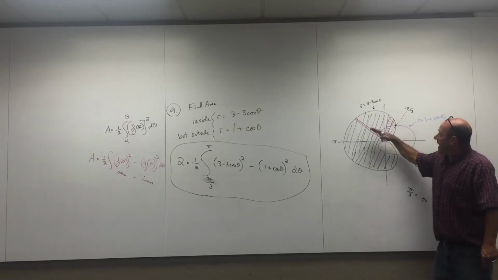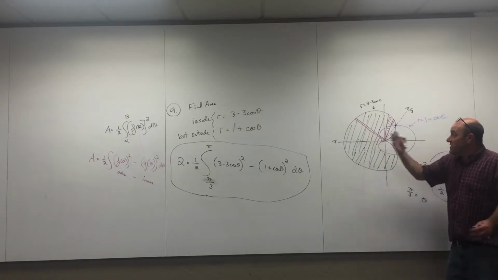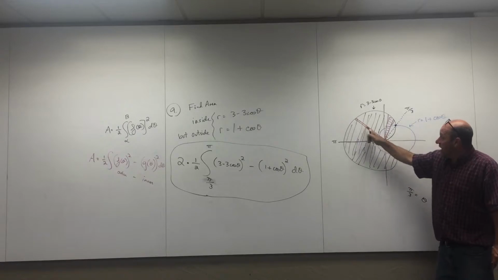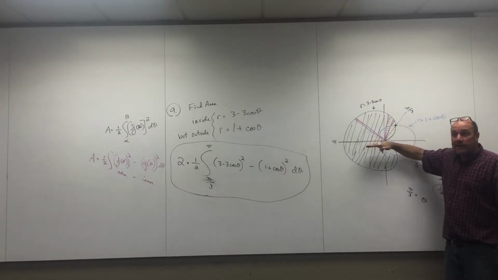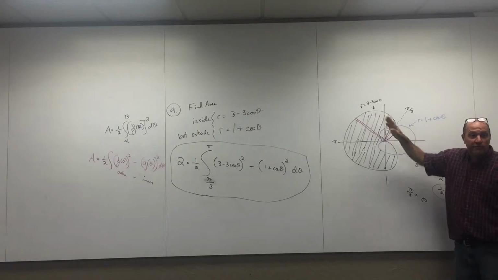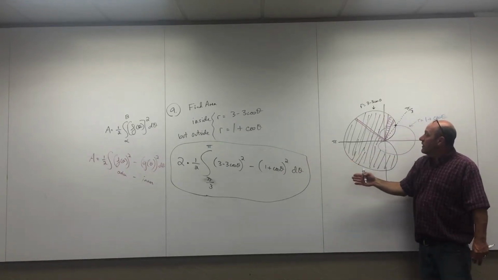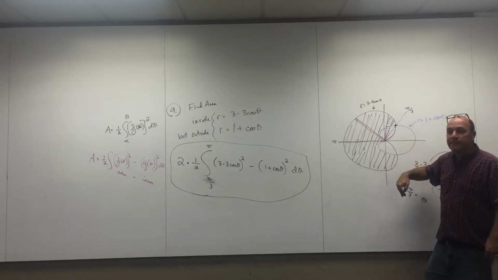So all along that integration from pi over 3 to pi, I will be doing this subtraction. There's a lot of outer area I'm going to get, but I'm going to have a little bit of inner area that I don't want. So I'm going to be subtracting from pi over 3 to pi, outer minus inner. Outer curve minus inner curve from pi over 3 to pi. Double it to get all this other stuff down here.